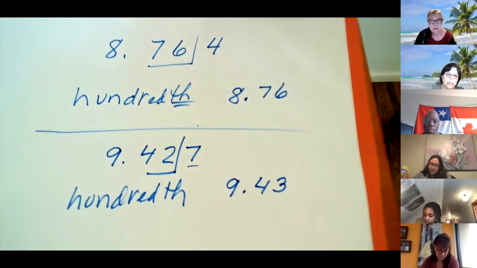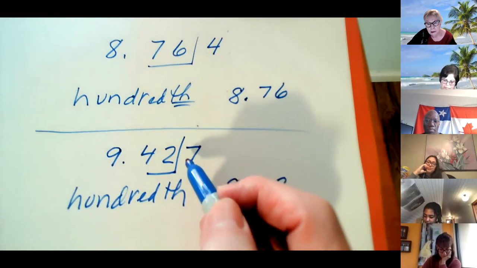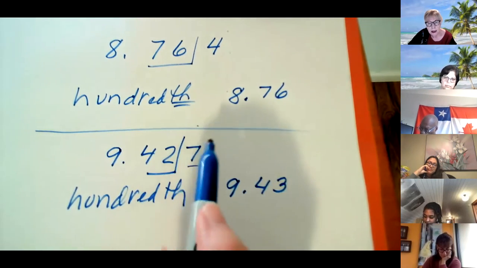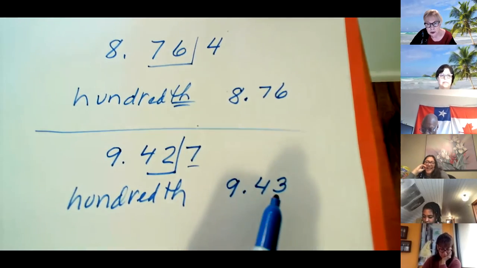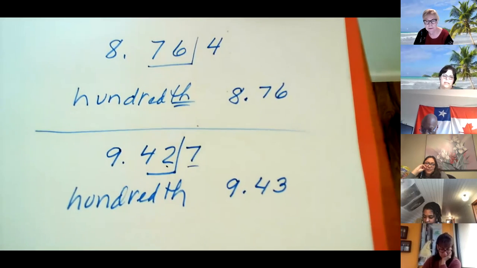9.43. Is that working? So if this number is 0, 1, 2, 3, 4, it would stay 42. But when it starts to be 5, 6, 7, 8, 9, it goes up 1 from here. So you don't add the 7.